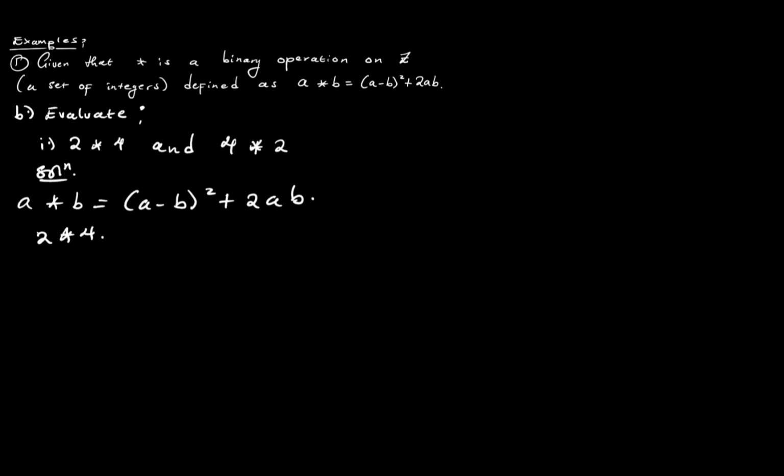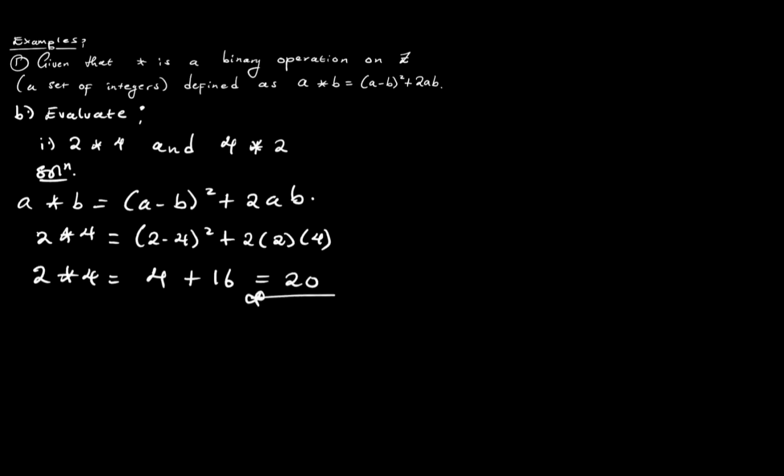In this operation, we'll basically follow the procedure. So I will put 2 wherever there is A and 4 wherever there is B. So this will be (2 minus 4) squared plus 2 times 2 times 4. Therefore, 2 star 4 will give us, if we do our computation here, we find that we have 4 plus 16, which will give us 20 as our answer.